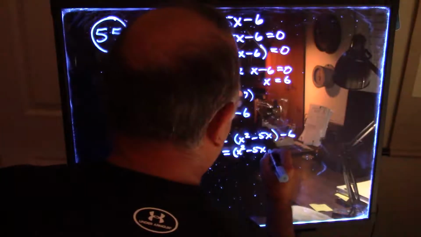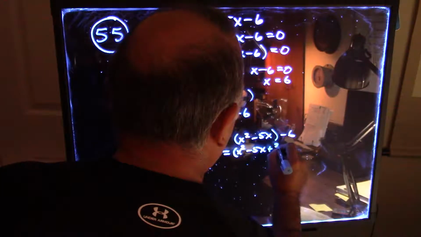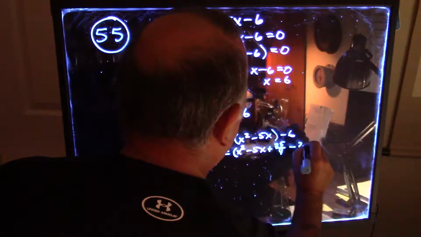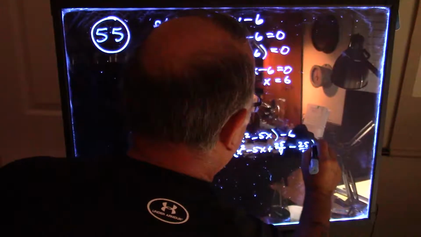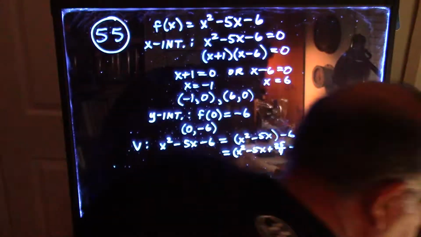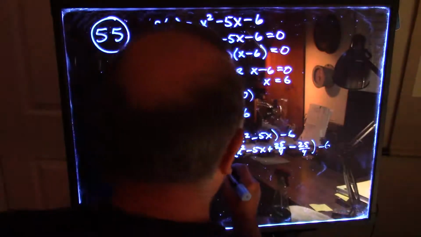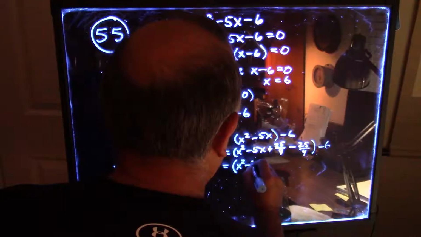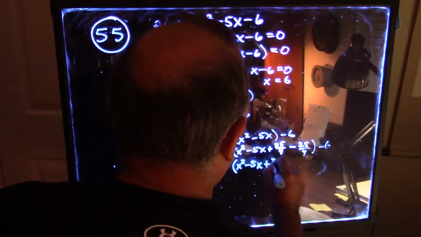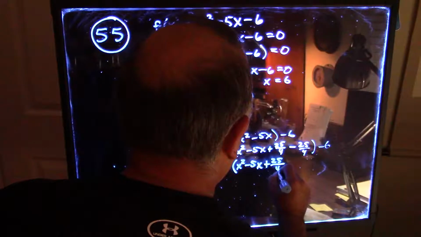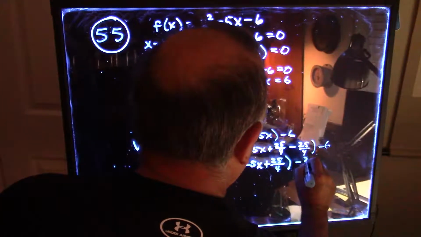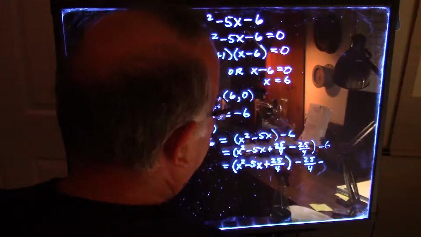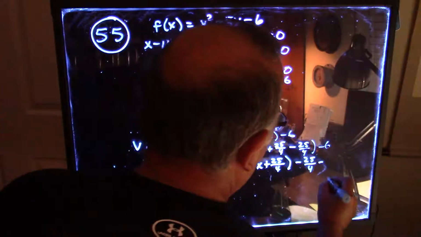And then add and subtract 25 fourths. So this is x squared minus 5x plus 25 fourths, minus 25 fourths, minus 6, and 6 can be written as 24 fourths.